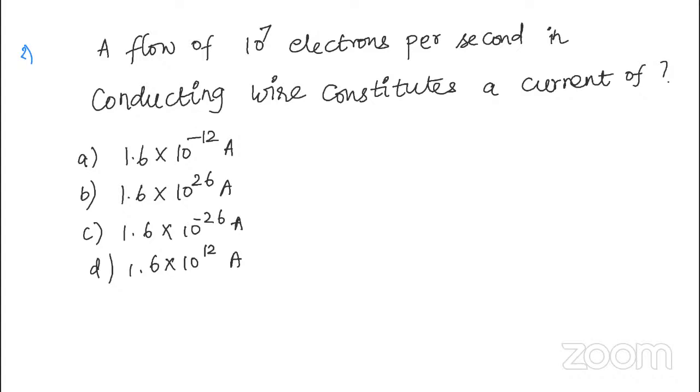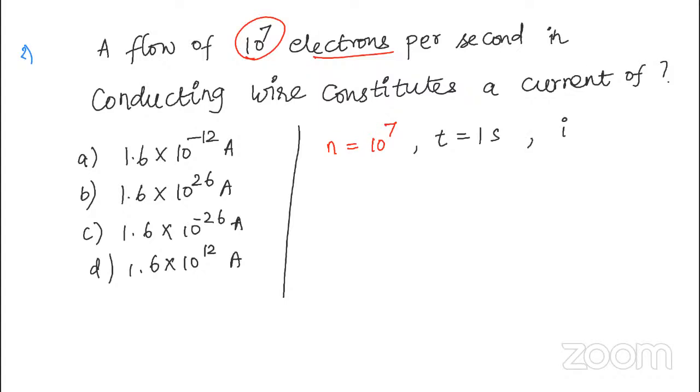So here too we have to write the given values first. What is the value here? That is 10 power 7 electrons, the N value they have given, that is 10 power of 7. Then per second means the time value should be equal to 1 second, right? Then in the conducting wire it constitutes a current, so we have to find the current value. To calculate the current value, what is the formula?